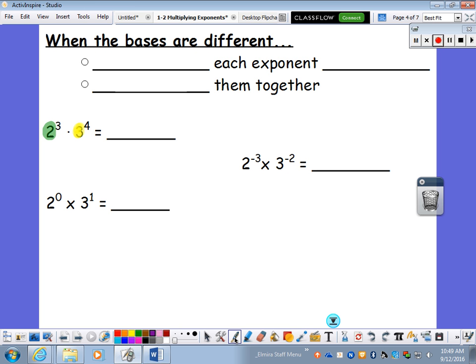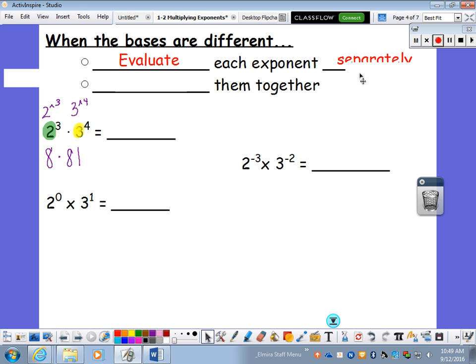So the only thing we can really do, and we can do this a couple of different ways, is on your calculator do 2 caret 3, and that's 8, times 3 caret 4, and that's 81. All right. So what I did was evaluate each exponent separately, and then I can multiply this together, and I get 648.